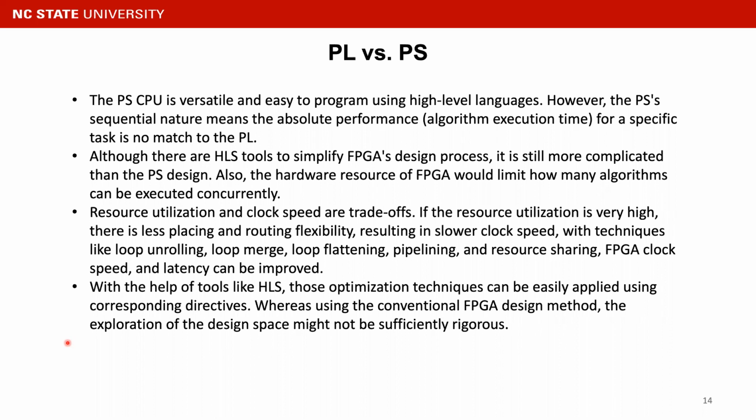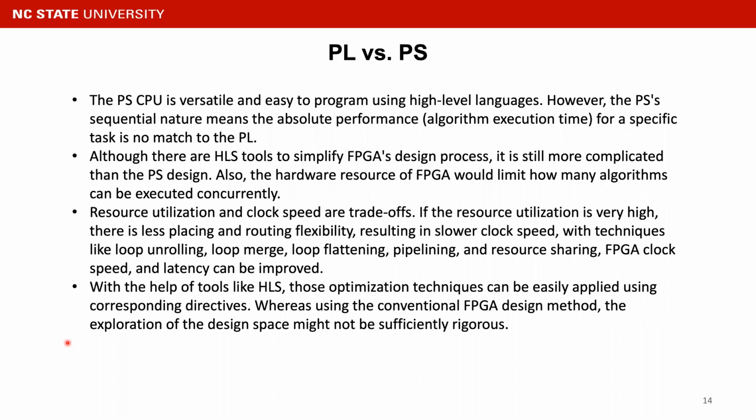Also, the hardware resources of the FPGA would limit how many algorithms can be executed concurrently. Resource utilization and clock speed are trade-offs in the PL design. If the resource utilization is way too high, there is less placement and routing flexibility, resulting in slower clock speed.